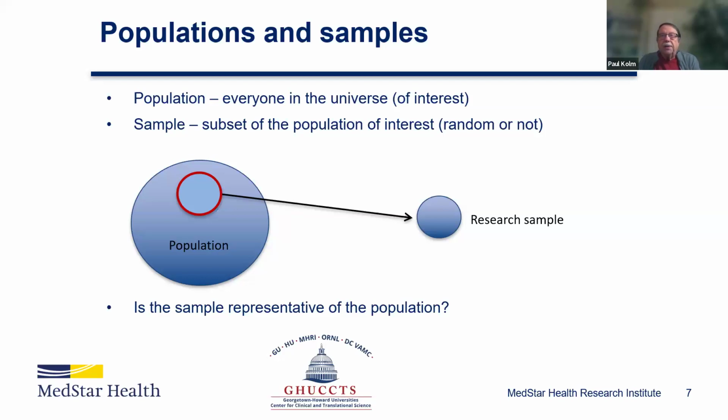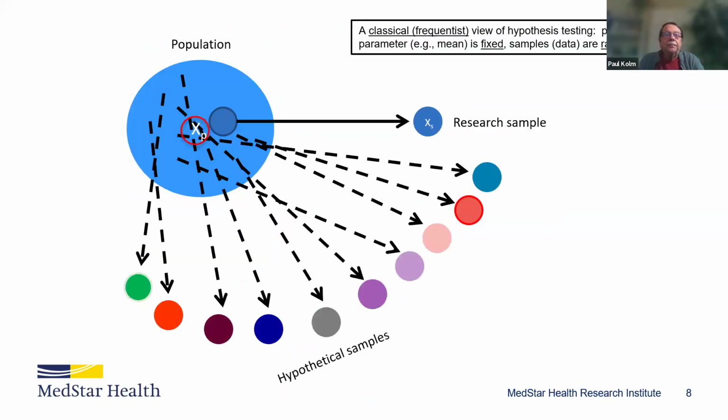And so the question is, is the sample representative of the population? And so in the classical view, the statistical significance is based on the concept that if you were able to get an infinite number of random samples from the population, they would each be an estimate of the population parameter.